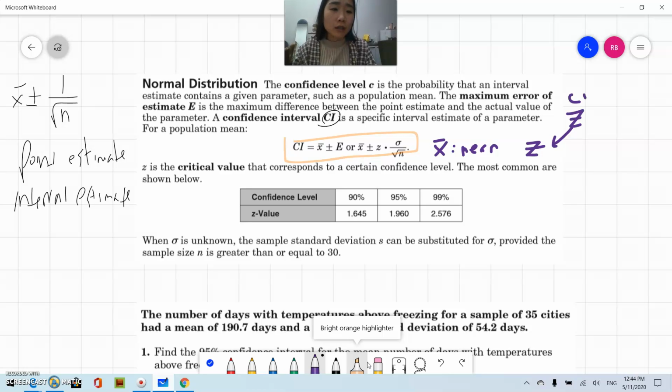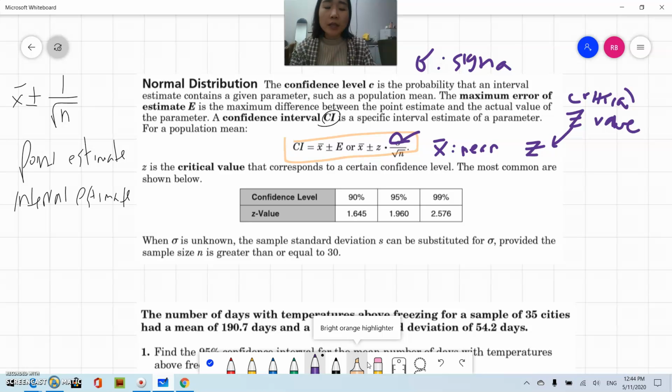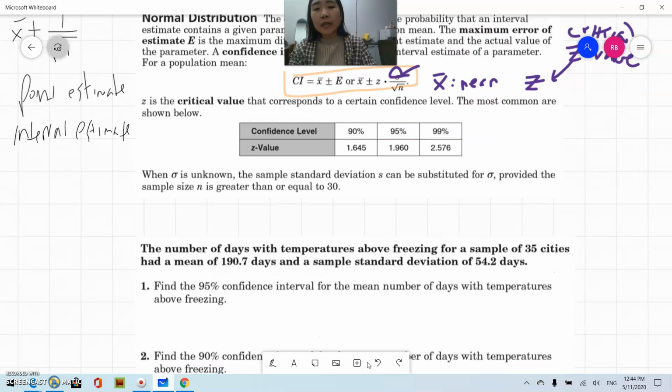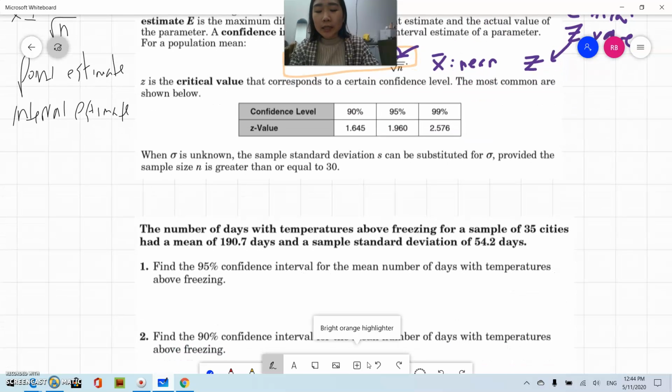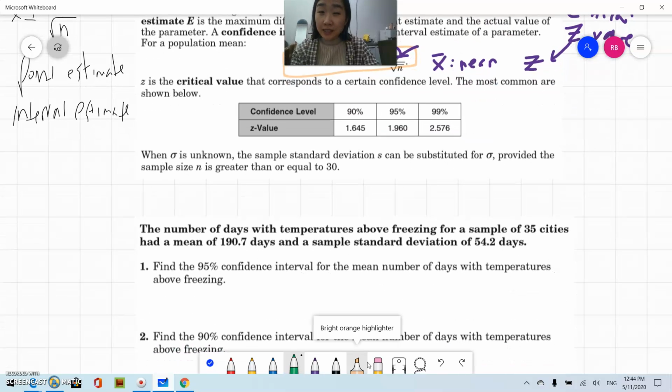We call it a critical z-value. Sigma is the standard deviation for the population, and n is the sample size.